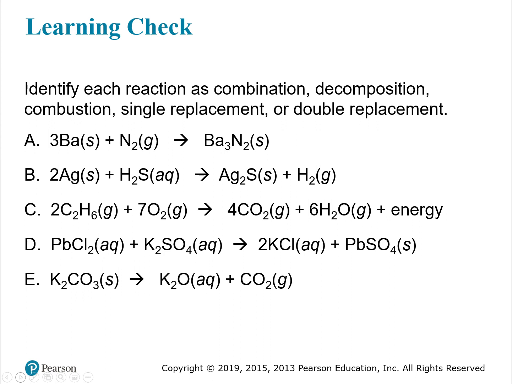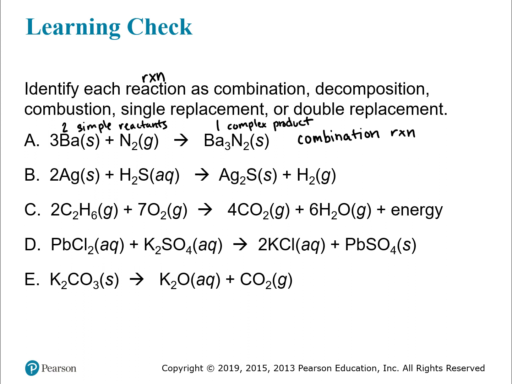So in part A, we are taking two simple reactants forming one complex product. We're combining things to make one product, which means it's a combination reaction. I abbreviate reaction RXN.